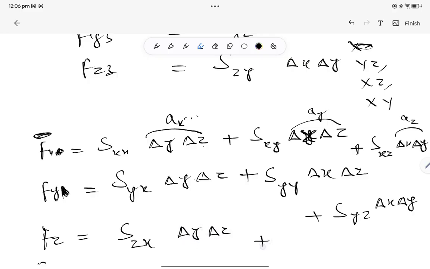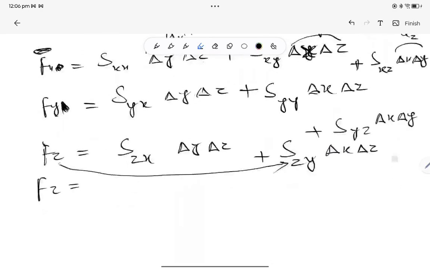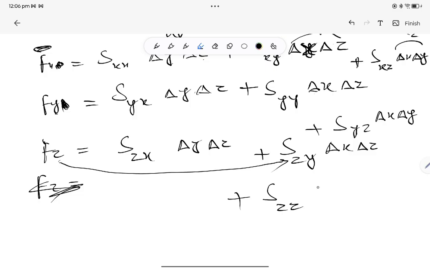The second, since it is perpendicular to y, you will have y here and then delta x, delta z. The third will be Szz, perpendicular to the z-axis, delta x, delta y.